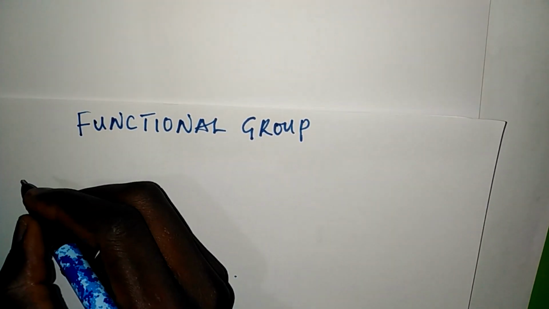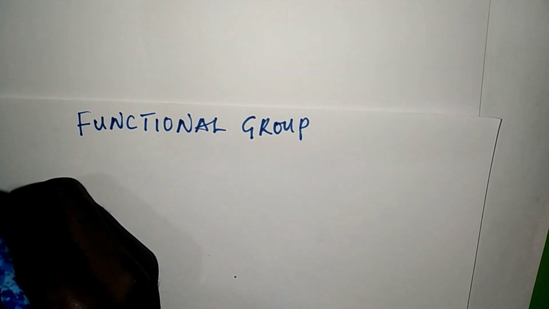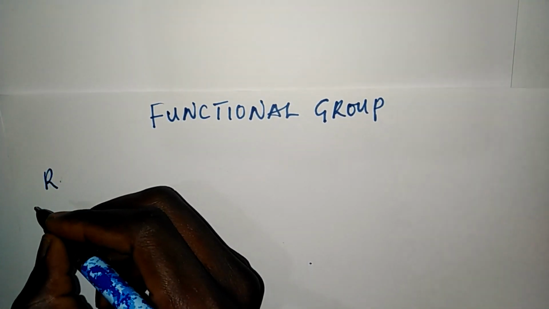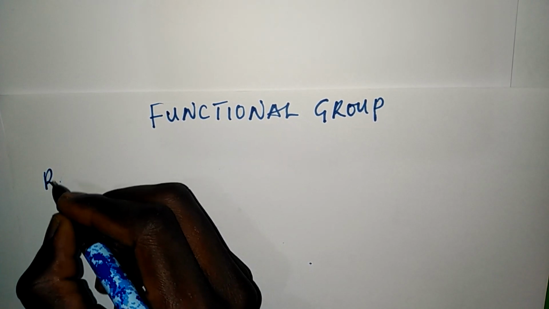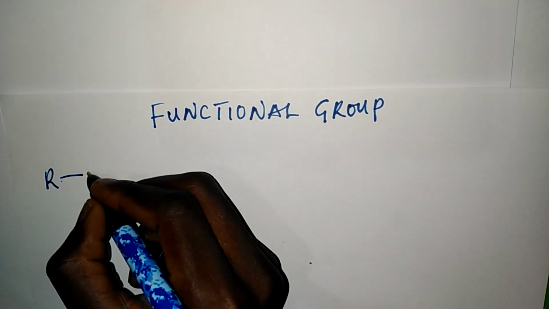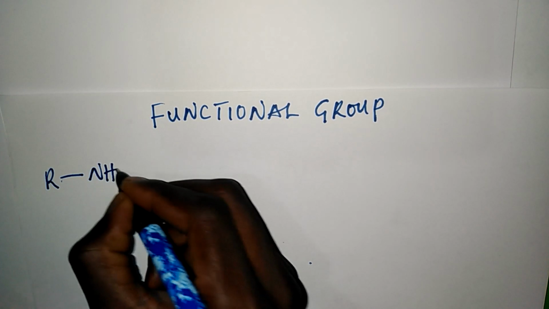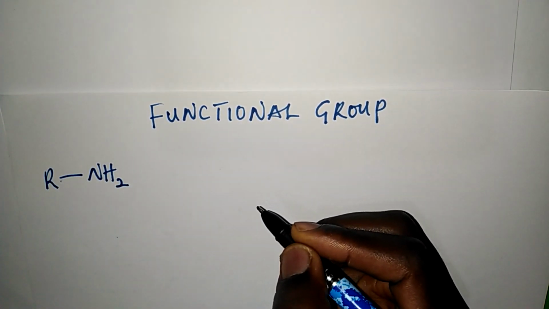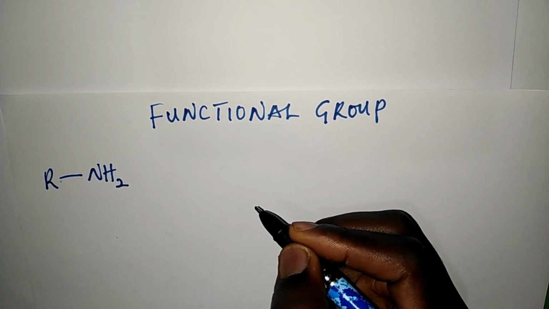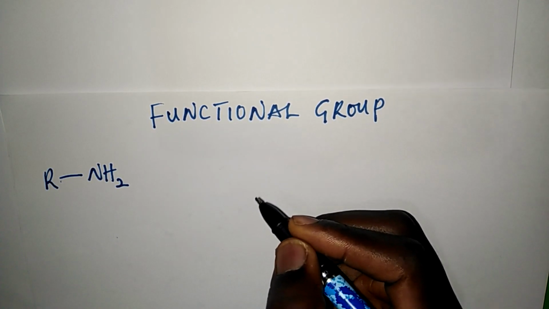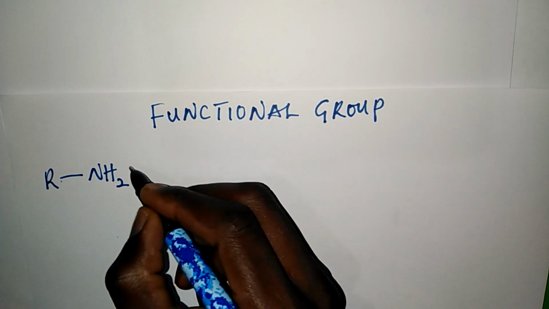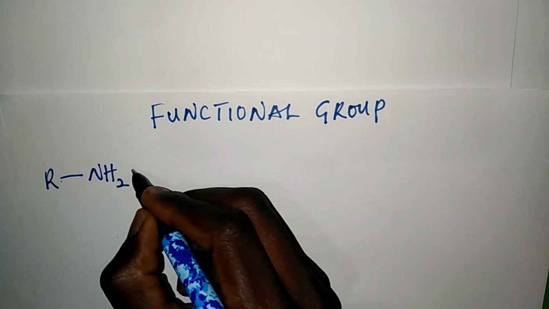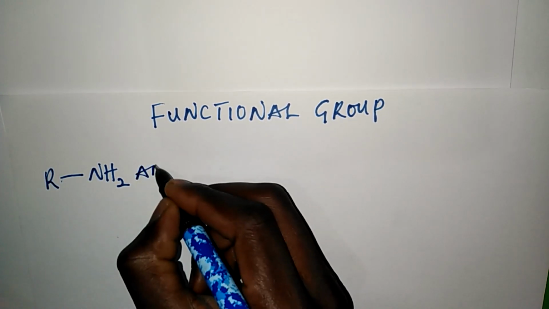What if you have a compound like this? We have R attached to a nitrogen with two hydrogens. This particular functional group is known as an amine. This is a generic form and is known as an amine.